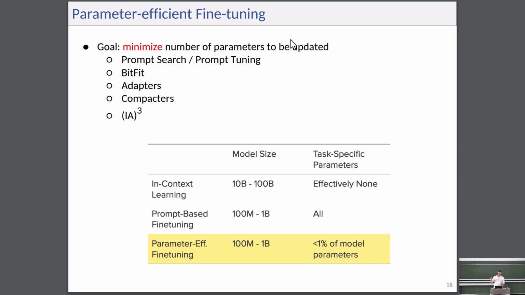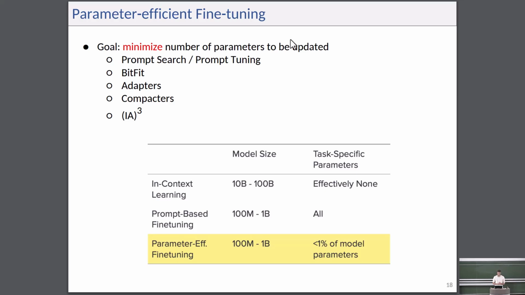Okay, so the overall theme is, how do we continue in this direction of, yes, I do want to use large language models, but I want to keep reducing the amount of parameters that I update. So we have seen in-context learning, where I need something in the billions in terms of model size, and I do not do any retraining, so that's good.